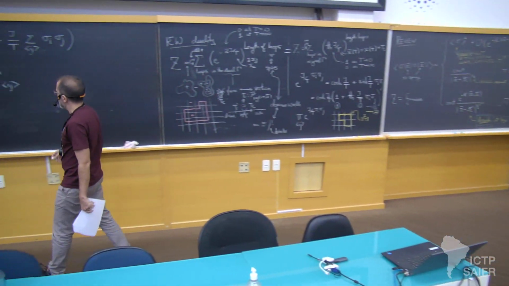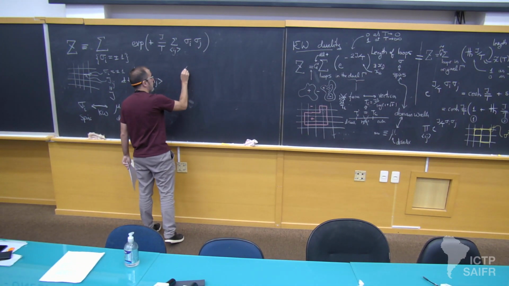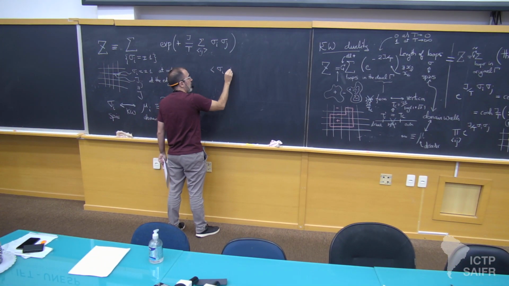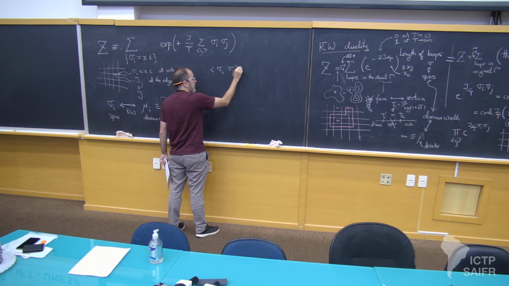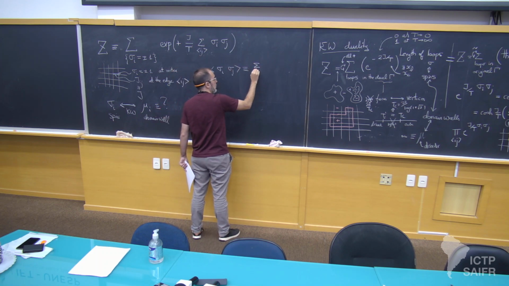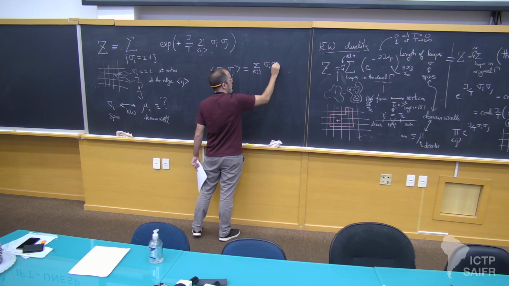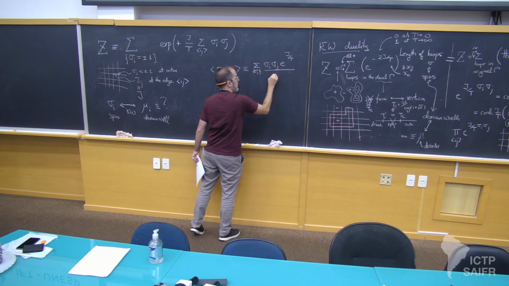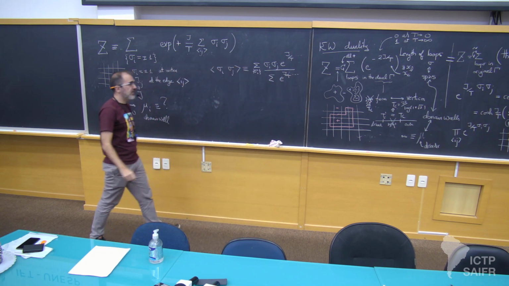Okay. So in the same way that I can define my operator sigma by defining what the correlation functions of sigma are, I just say it's a sum over all the sigmas of sigma i, sigma j. This is the definition.